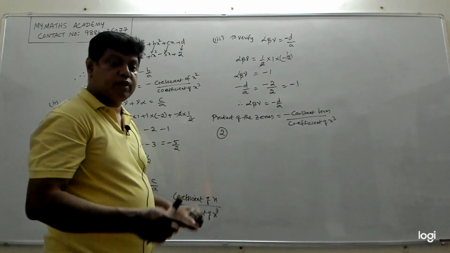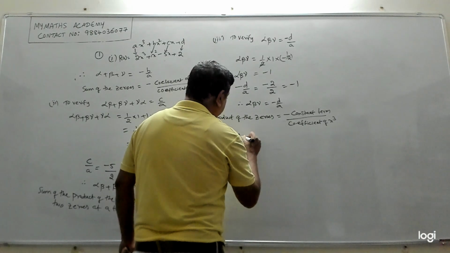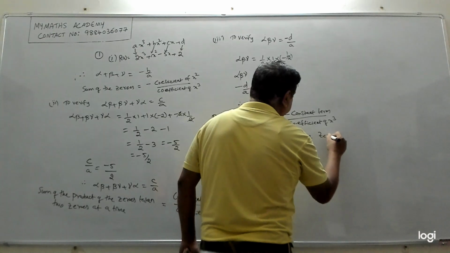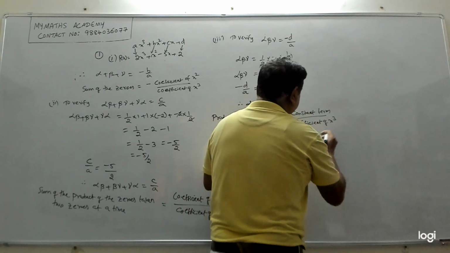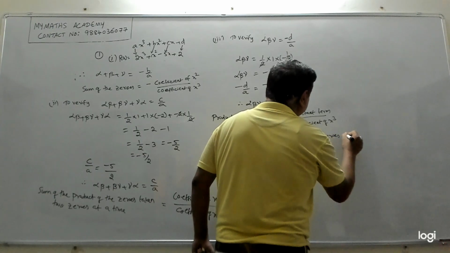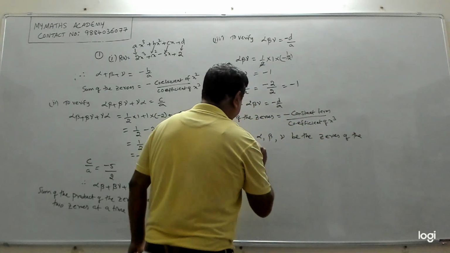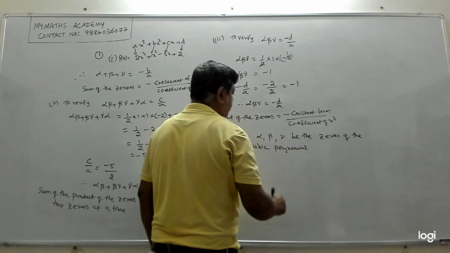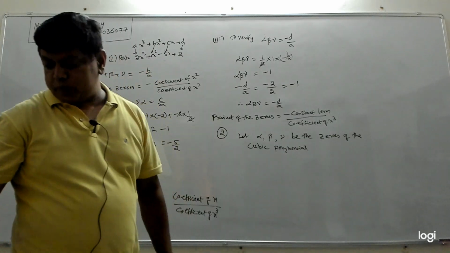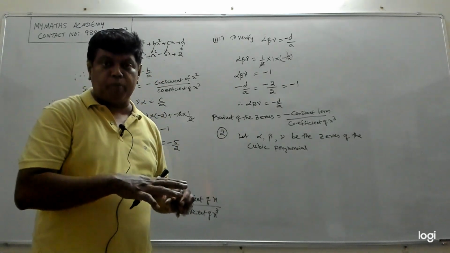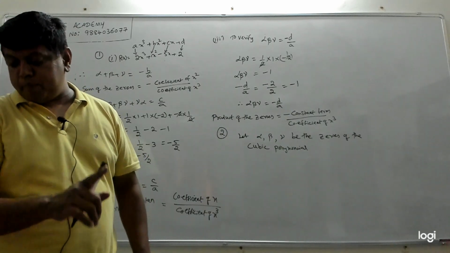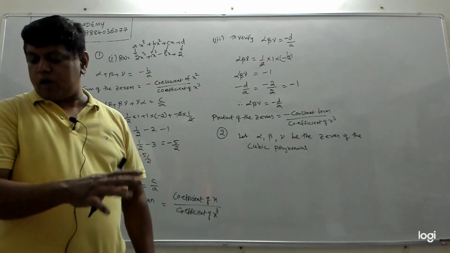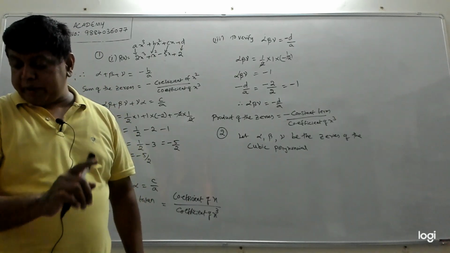But what is given? They have given the sum of the zeros. What is sum of the zeros? We'll say let alpha, beta, gamma be the zeros of the cubic polynomial. In the question they said find the cubic polynomial with the sum of the zeros, the sum of the product of the zeros taken 2 at a time, and the product of the zeros are 2, minus 7 and minus 14.